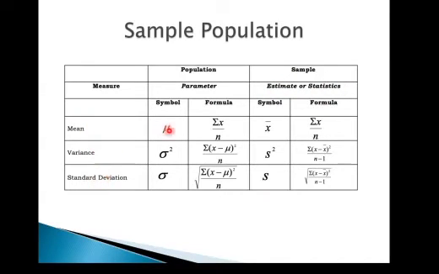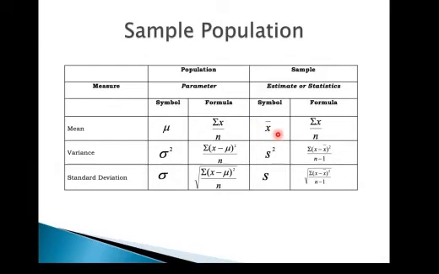The symbol for the mean, if it were a population value, a parameter, is mu. If we go back to my previous slide, I told you that we pretended that we measured population values. That's why I used mu. The formula is the sum of x divided by n. But if we only measure a sample, the symbol is x bar, not mu.